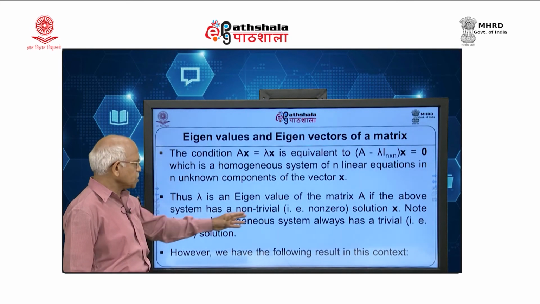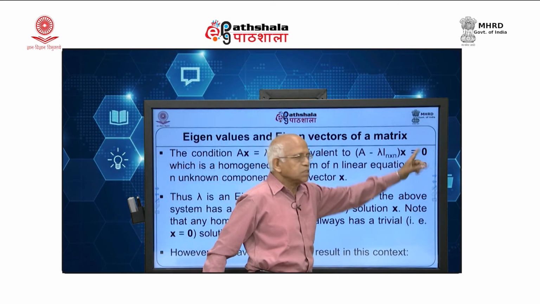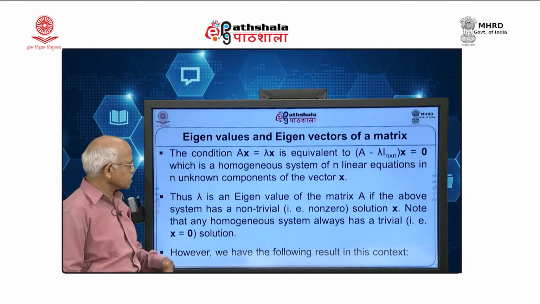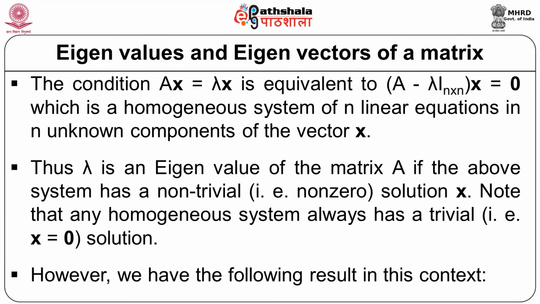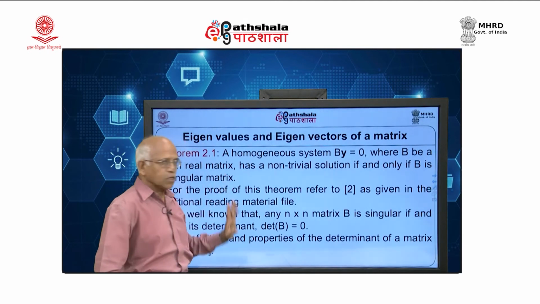Note that any homogeneous system always has a trivial solution. If I take x bar equal to 0, the equation is automatically satisfied, but we are not interested in the trivial solution, we are interested in a non-trivial solution. Regarding homogeneous systems, we have a well known result in mathematics: a homogeneous system B y bar equal to 0, where B is an n by n real matrix, has a non-trivial solution if and only if B is a singular matrix.